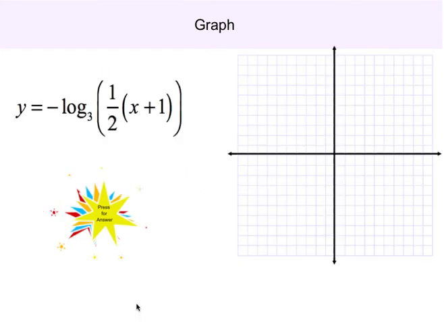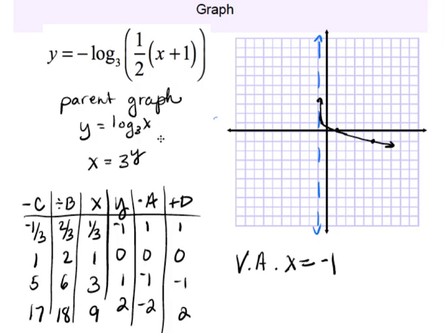Graph the function. Press pause when you're ready for the answer. Press play again. Here's my answer. My graph has stretched horizontally. It's reflected over the y-axis. It has shifted to the left 1.